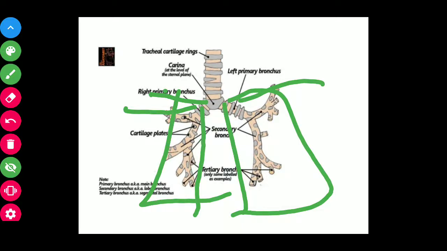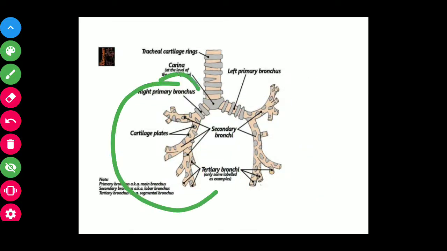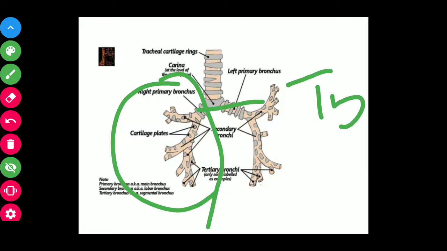Let's see first the right primary bronchus. It starts at the level of T5, as I have told you, that is the fifth thoracic vertebra. The right bronchus is wider, shorter and more vertical than the left when we compare.